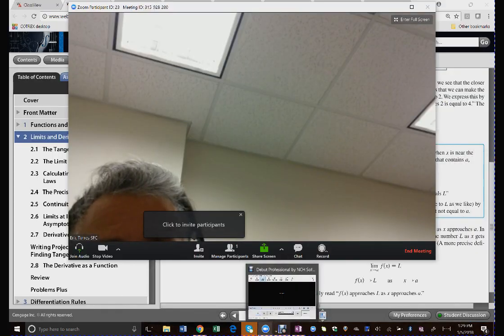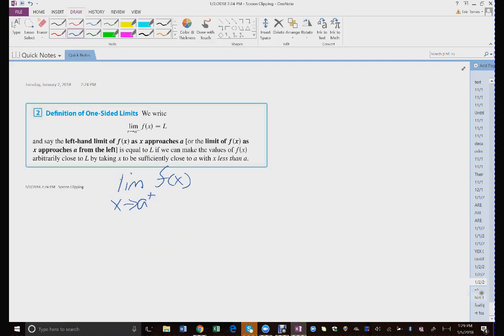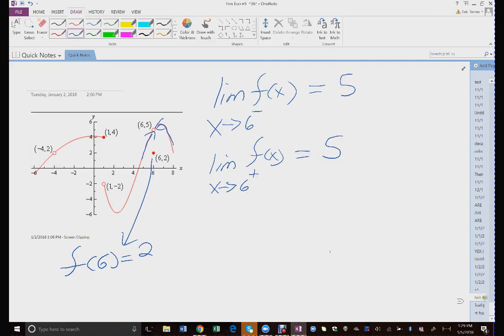So, let's go back. So the limit as x approaches 6 is not 2. It's not f of 6.